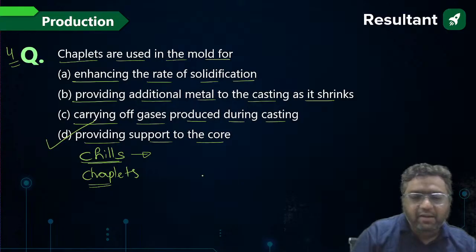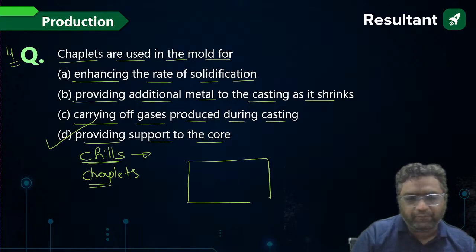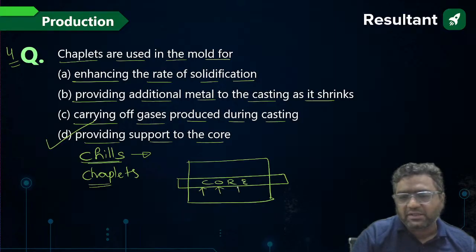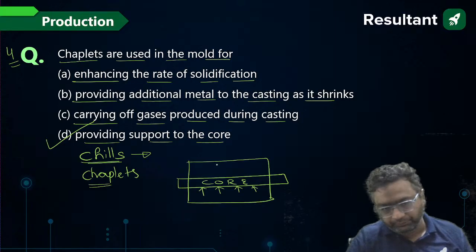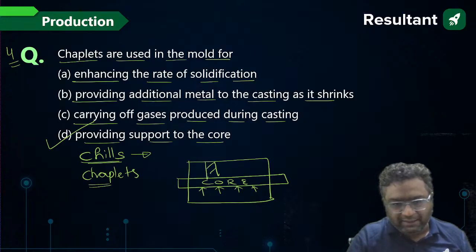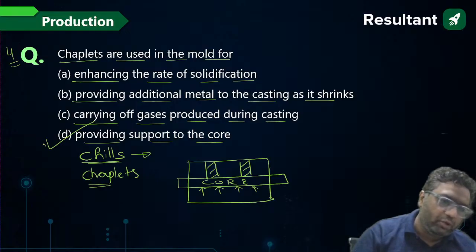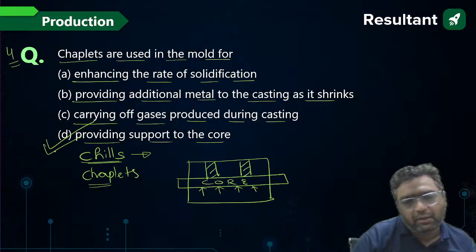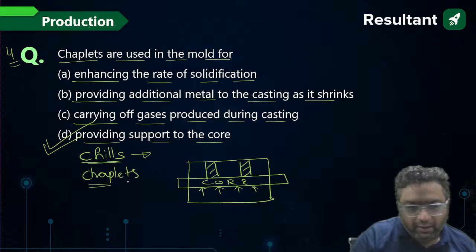But chaplets are to support the core, because whenever we are going to have a hollow casting, we are going to put the core inside. When you put the core, molten metal will apply buoyancy forces. So to save the core, we provide some metal pieces, which are known as chaplets, providing support to the core. Is it clear? Yes. So the answer is going to be D. There is one more thing, that is core print.